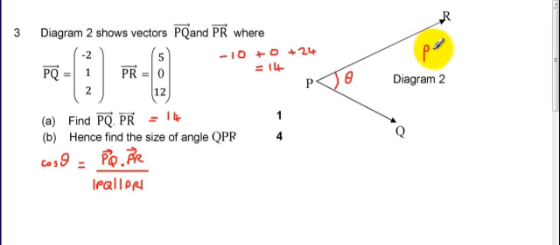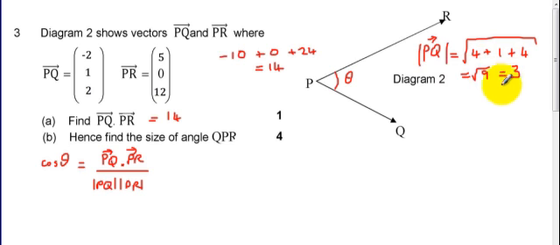Now, the magnitude of PQ is the square root of the sum of the squares of the components. So it's minus 2 squared, which is 4, plus 1 squared, 1, plus 2 squared, which is 4. So this is the square root of 9, which is 3.